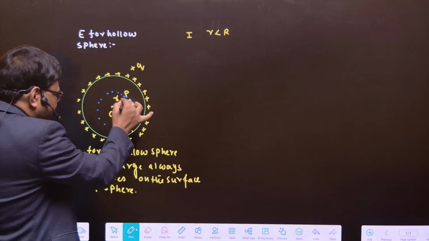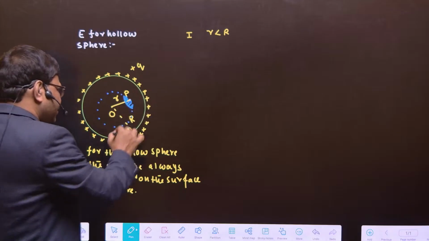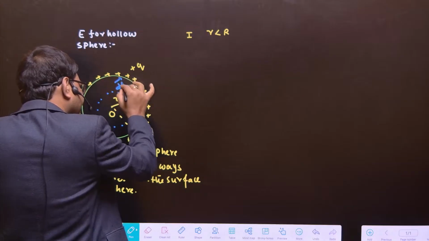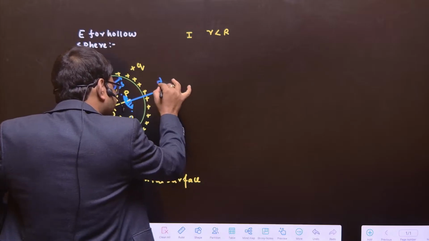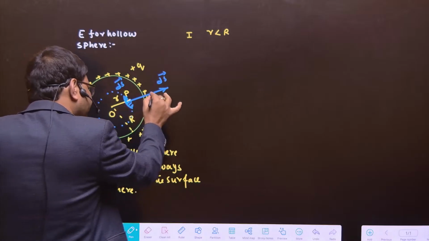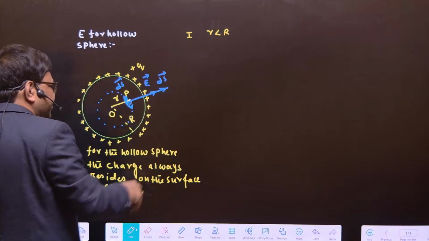This is the Gaussian surface. Very small Gaussian surface ds vector, and this is the direction of the area vector ds vector, and also assume this is the electric field direction, in this direction.